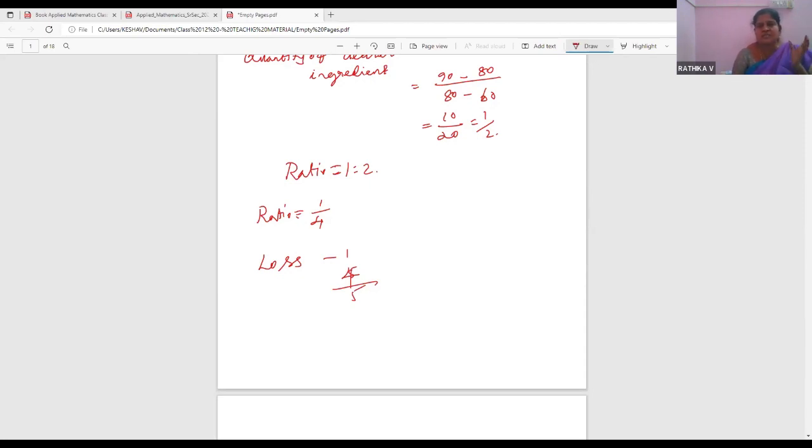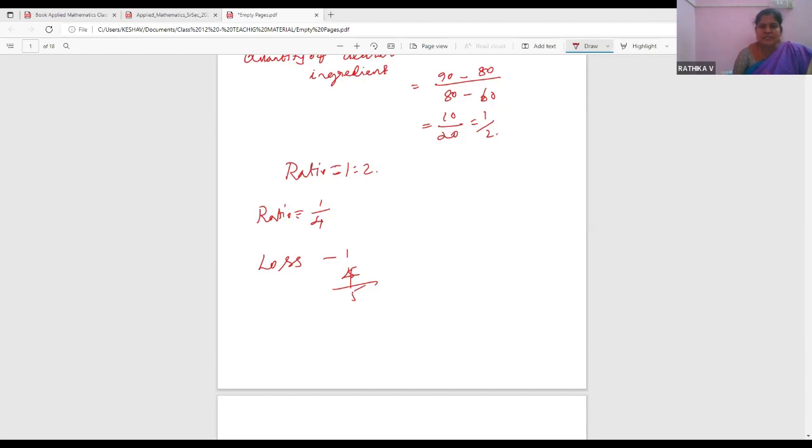So 3,000 into 4, added with the remaining 8 months at 4,500. So the total amount he deposited throughout the year is rupees 48,000.